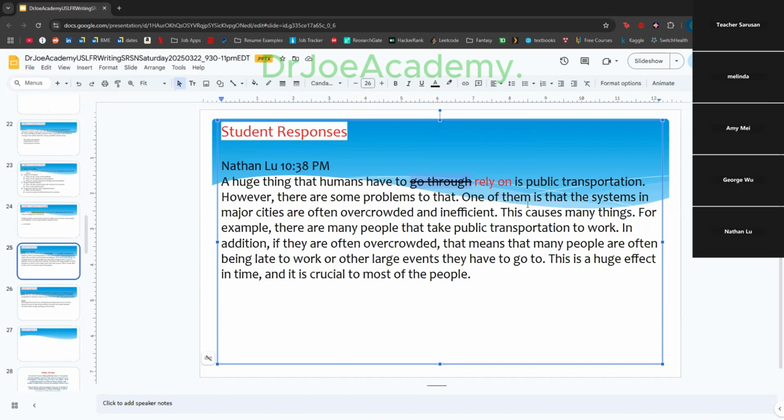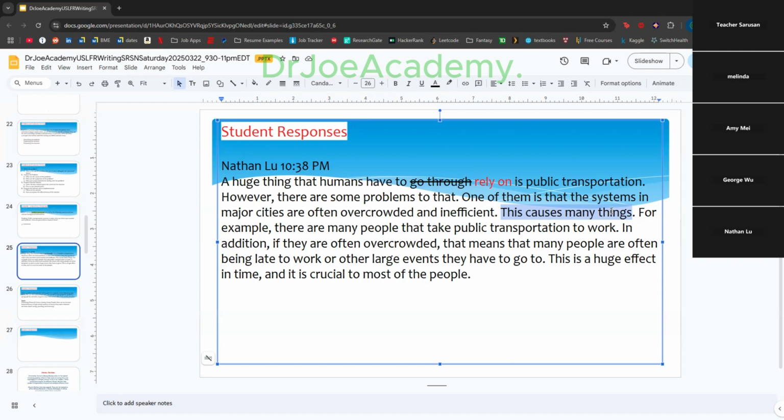This causes many things. So this short sentence right here, it doesn't really add much. Again, it's like one of those fluff sentences. But you can add this to another sentence. You can lengthen a sentence using this. This can be like a sentence starter.